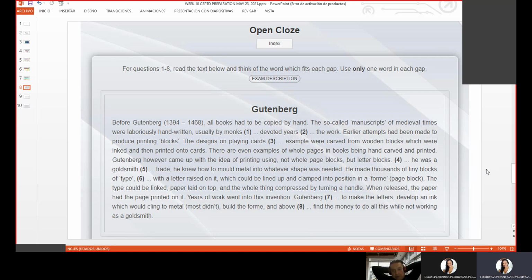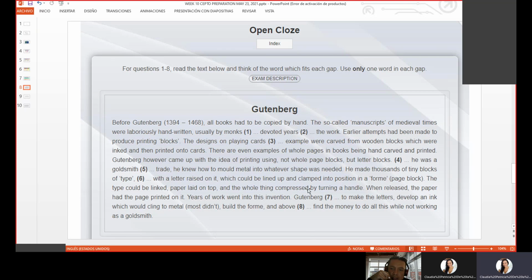To make the letters, Gutenberg had to. It's an obligation. What is the word? Had. I don't know what the word is, teacher.